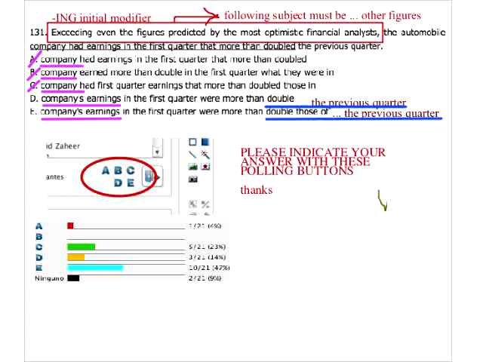So this is a correct comparison. Here's a pronoun. This pronoun refers to earnings. So E is correctly saying that the company's earnings were more than twice as much as the previous earnings. D is mistakenly saying that the company's earnings were somehow twice as much as a period of time, which is not a comparison that makes sense.